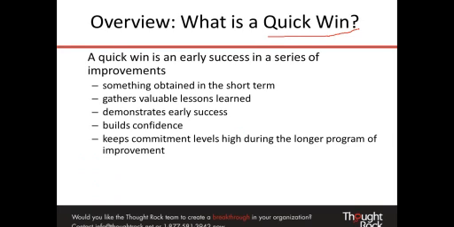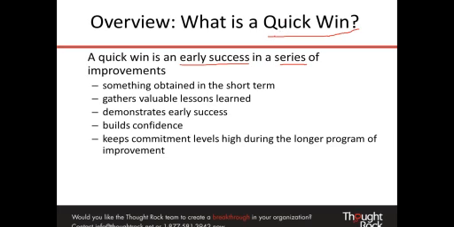So the basic definition of a quick win, some of the keywords here: it's early success in some type of series or program of improvement. Quite early on within ITIL and the whole improvement concepts, it's recognized that if improvements aren't going to be seen for months or years, there might be people questioning the initiative from the very beginning.